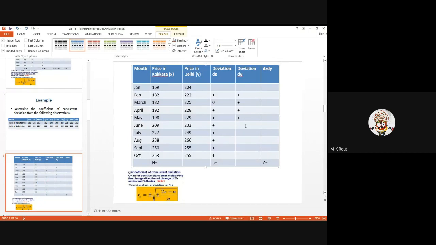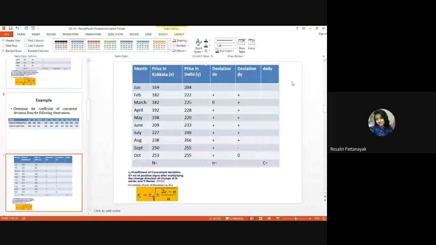Again, 233 minus 229, that is also positive. Similarly, 249 minus 233, that is also positive. Next one, 266 minus 249, that is also positive. The next one is 255 minus 266, that is how much? Negative. And the last one is 0. Is it clear? Yes, sir.